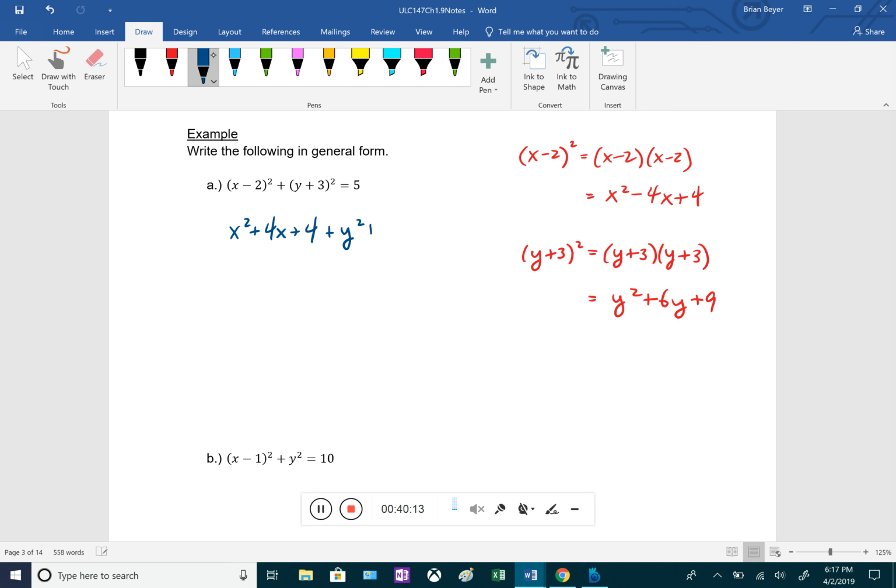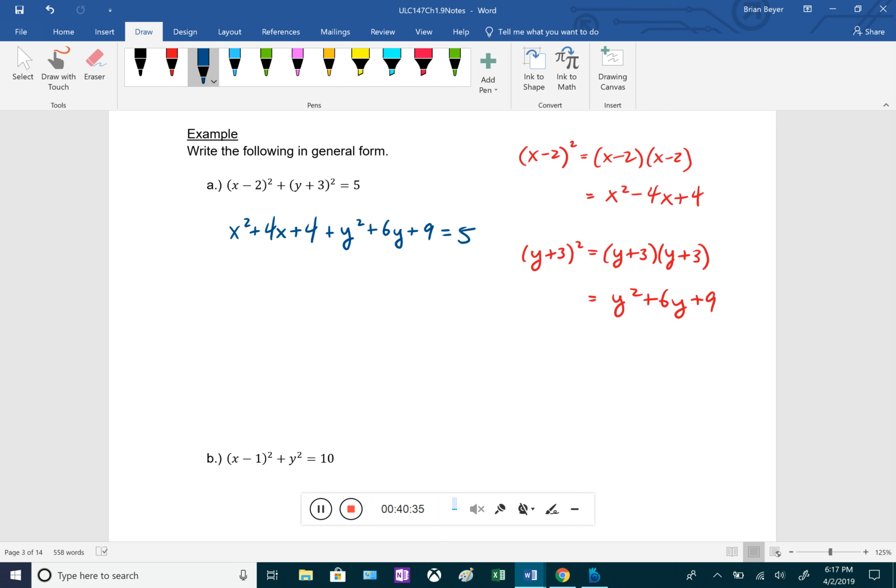And we're going to combine like terms and get everything on the same side here. So combining like terms, we're also going to write it with the x squared term first, and then y squared term, and then the x term, and then the y term, and then the constant. So the only like terms that we actually have to combine are the constants.